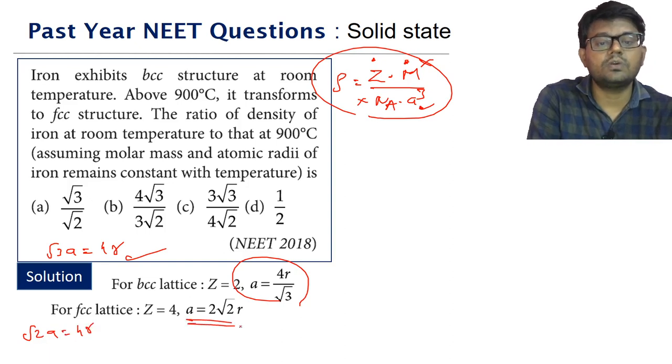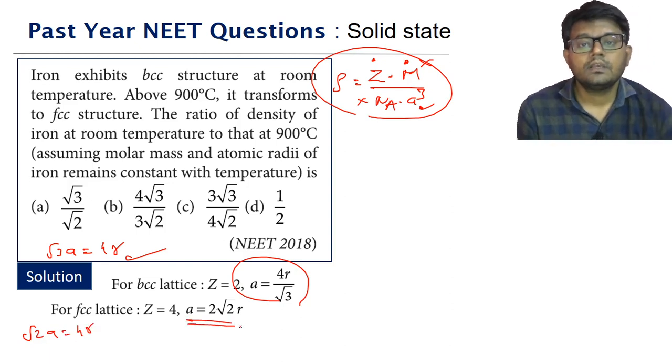Means A will be equal to what? 2 root 2 R. So as we change the structure from BCC to FCC, the edge length value also will change, because edge length is dependent upon what? It will be related to the radius of the iron atoms.